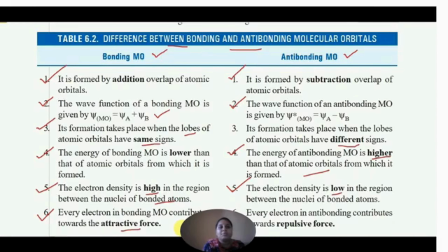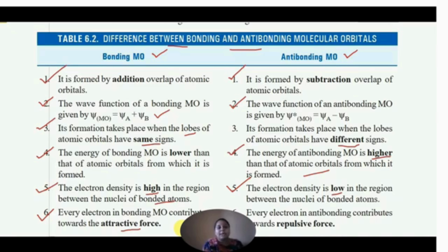So this is the difference between bonding and antibonding molecular orbitals. The bonding molecular orbital is formed by addition, the antibonding by subtraction, of the overlap of atomic orbitals. And the wave function is psi MO equals psi A plus psi B, psi star MO equals psi A minus psi B, and the formation takes place if the orbitals have the same signs.